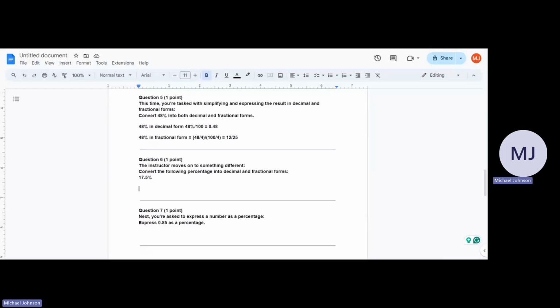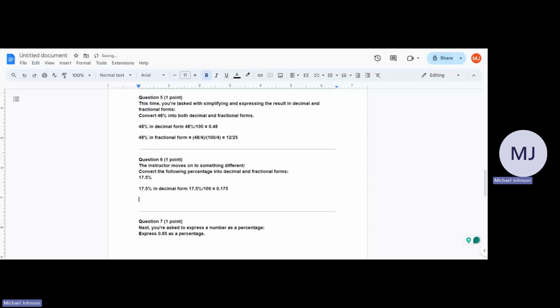And then this one in fractional form, 17.5%. In decimal form, that would be 17.5% divided by 100, and then you get 0.175. That's decimal. 17.5% in fractional form is 17.5 divided by 100. And then you want to simplify that.